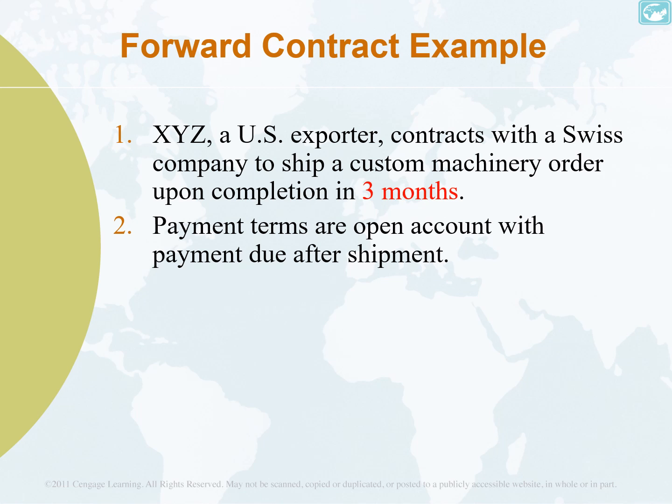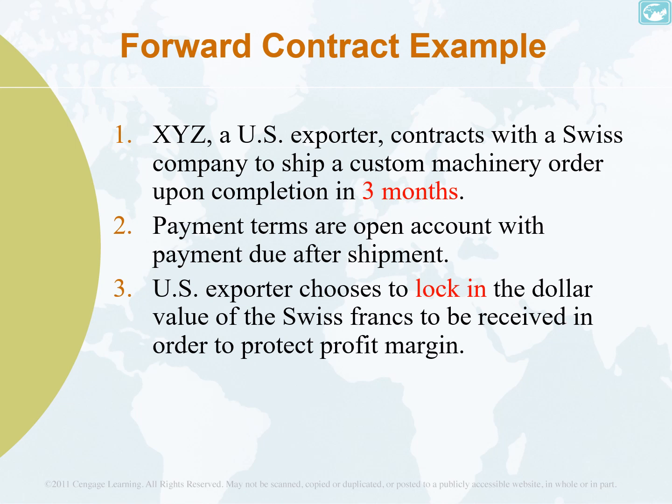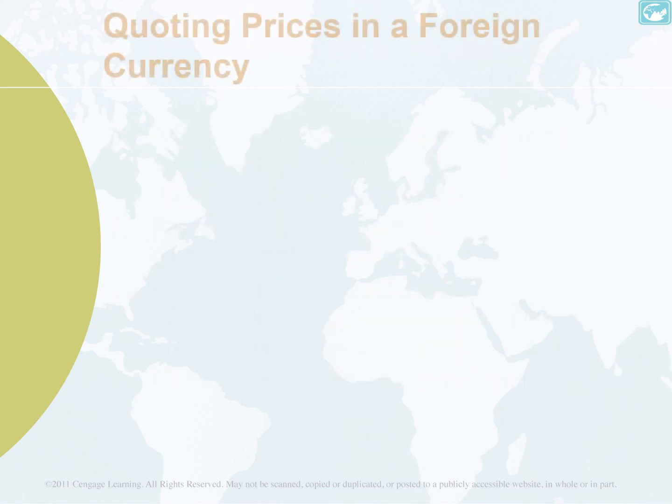The U.S. exporter will choose to lock in the dollar value of the Swiss francs to be received in order to protect the profit margin. The company enters into a forward contract on this deal.